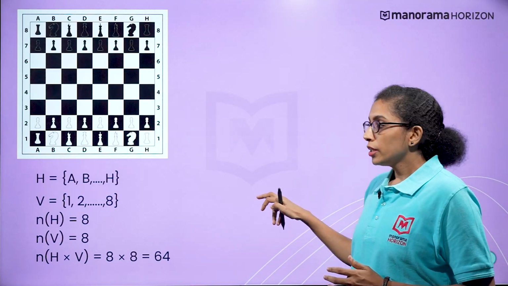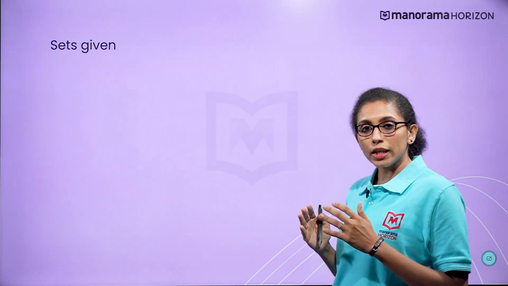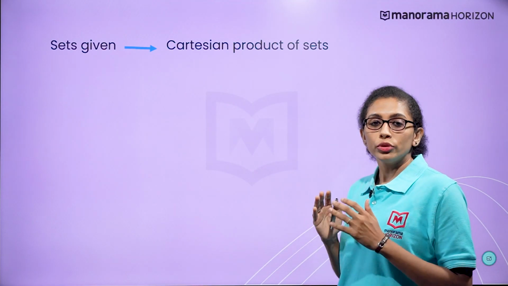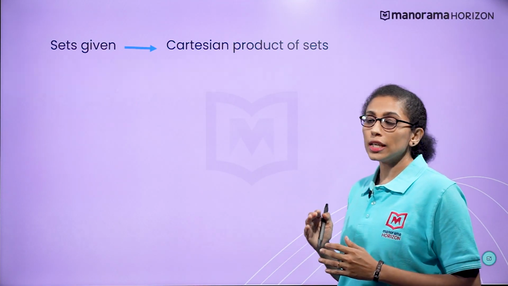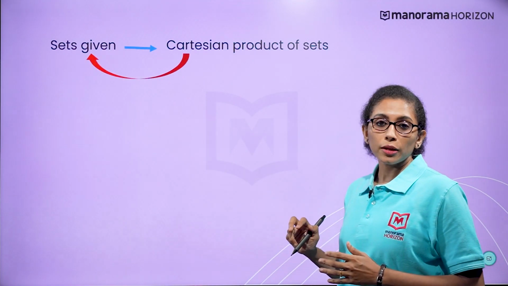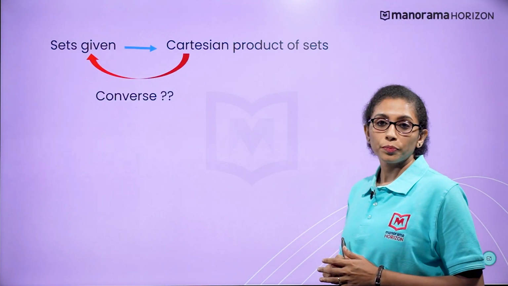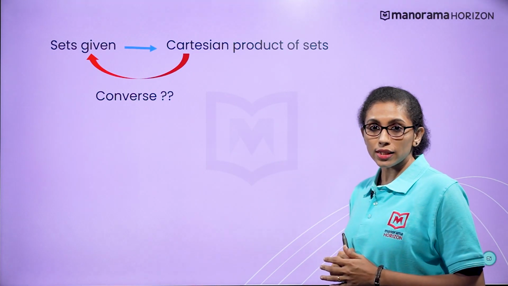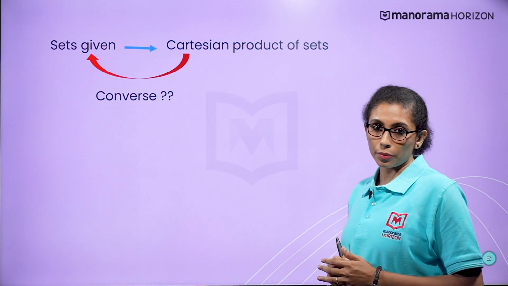Right? So, we have seen how to find the Cartesian product of 2 or 3 sets if the sets are given. Now, what about its converse? Are we able to identify the elements in each set? Let's see one example.